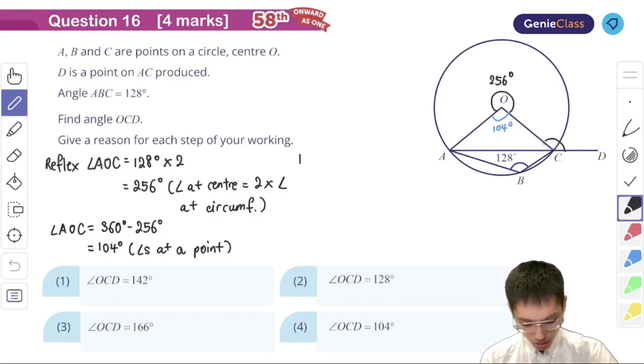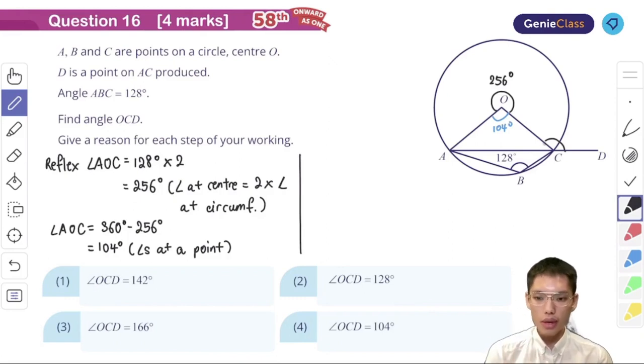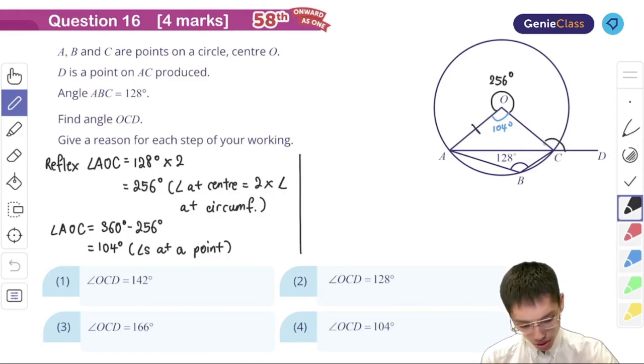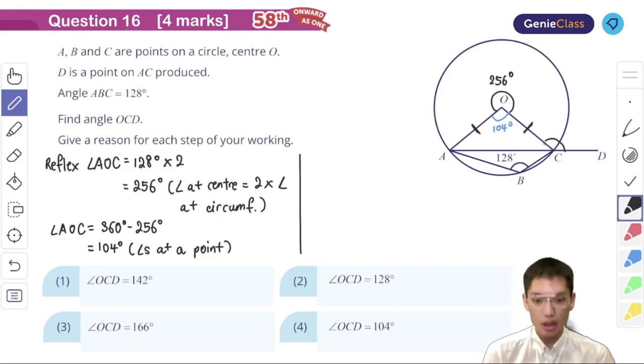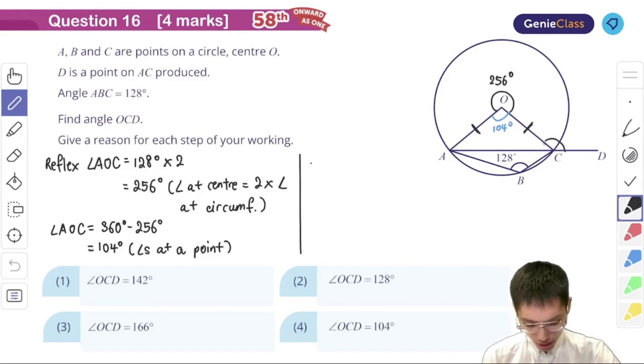What can we do? You realize there are two ways we can do this. One way is because we know OA is the radius and OC is the radius, because they come from the center to the circumference. I recommend the way given for us.